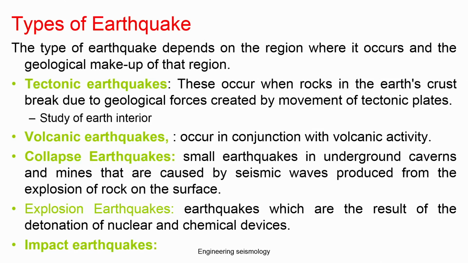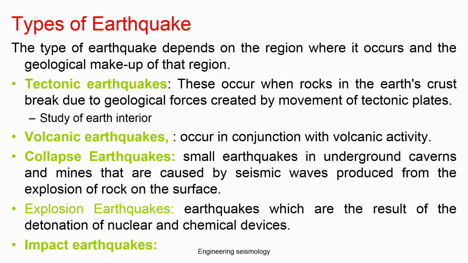It happens due to small earthquakes in the underground caverns and mines, caused by seismic waves produced by explosions of the rocks and other activities. These collapsible earthquakes are very famous in KGF. People living in the KGF area, you can ask them, feel this kind of vibration very frequently. It will not cause any damage to houses, but still the house will vibrate, vessels will fall, and people will feel that vibration.